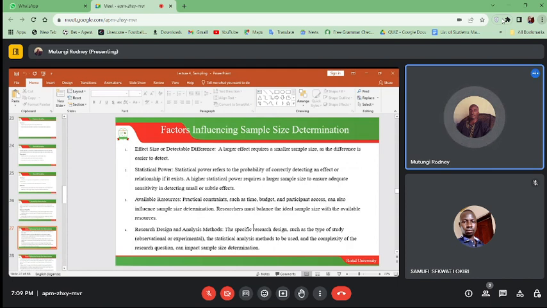Like I was saying, a larger effect size requires a smaller sample size, as the difference is easier to detect. If you want to realize a larger effect in the population, for example, the change in malnutrition, you might require a smaller sample size, because that change will be very easy to detect.